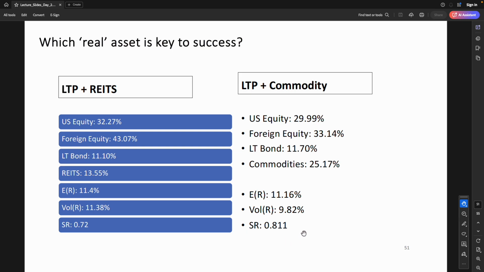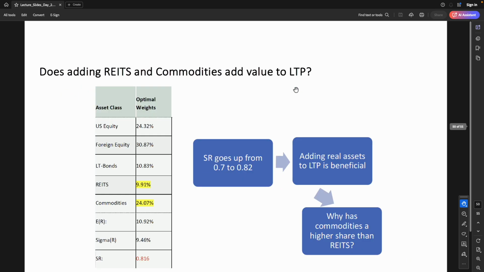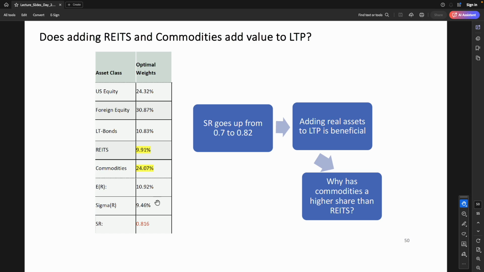And the interesting thing is, if I directly jump at what's key, right? And we had it already in the case, the allocation is not so much key, it's the Sharpe ratio that comes out of it. And I see that 0.811 is the Sharpe ratio I get if I leave REITs completely out. And the optimal solution was 0.816. So again, this is indistinguishable from a practical point of view.